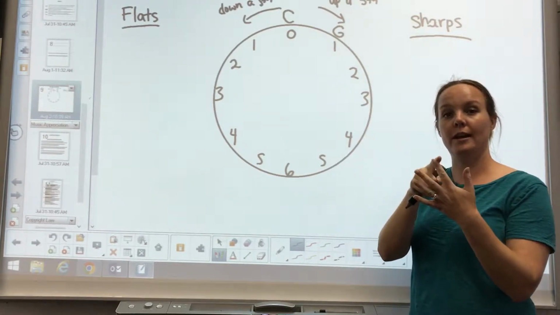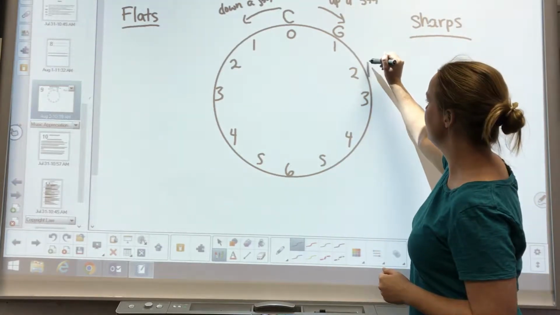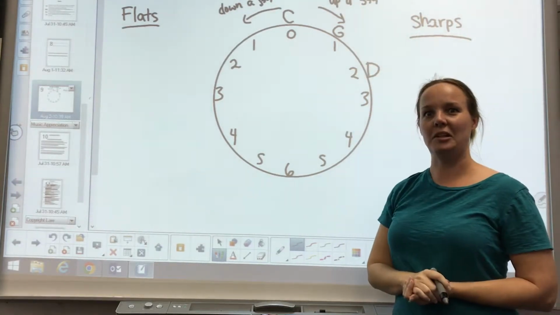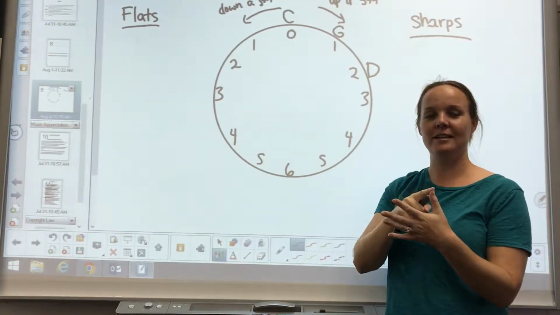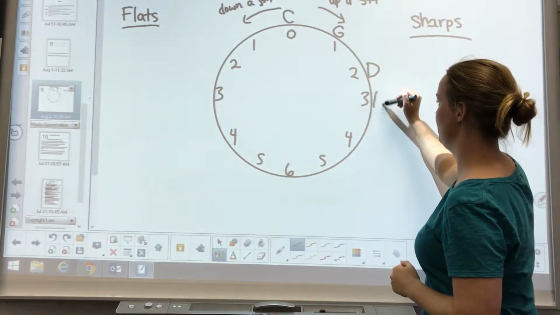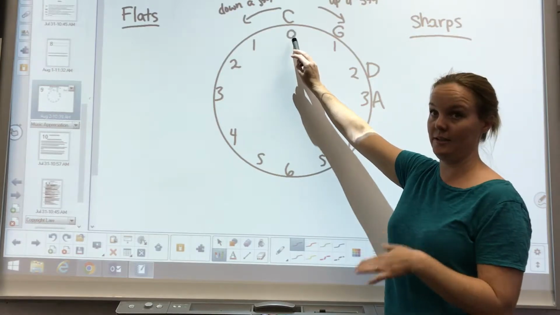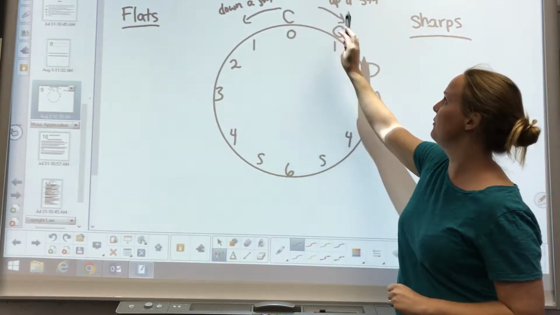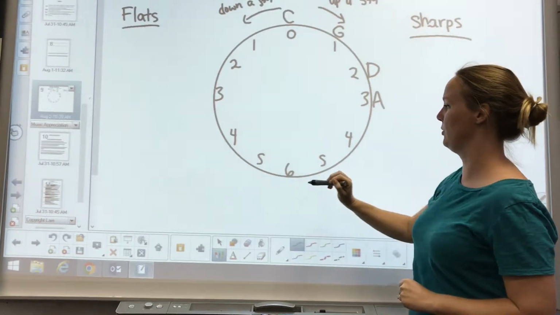So G, A, B, C, D, that's our key with 2 sharps. Let's keep going. If we start on D and we count up 5, we have D, E, F, G, A. A is our key with 3 sharps. So each time, starting with C and counting C as 1, we're going up a fifth. And that's how we get these different letters going around our circle of fifths.